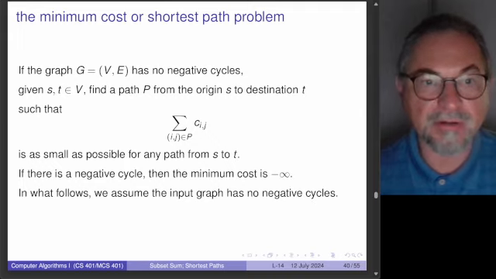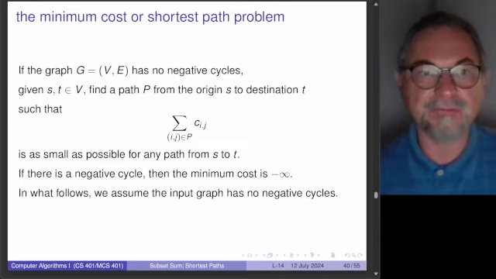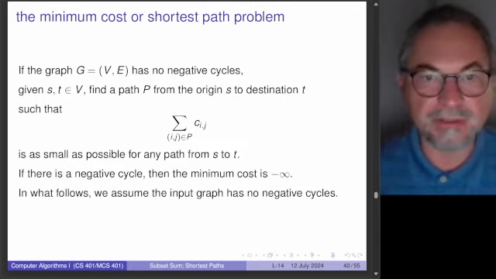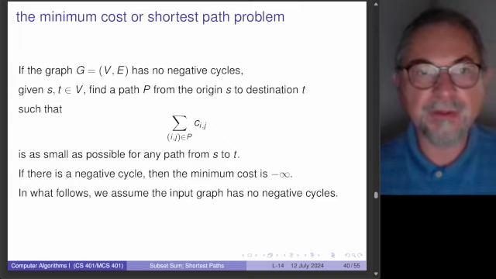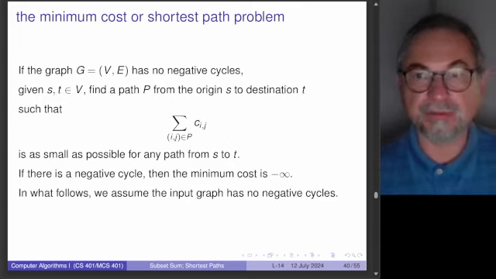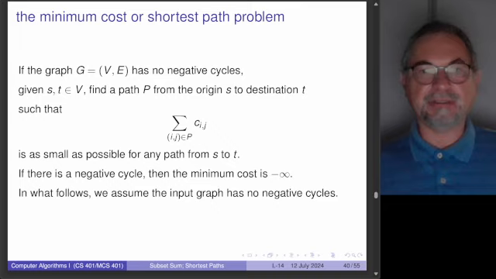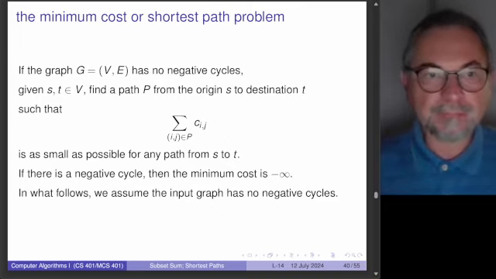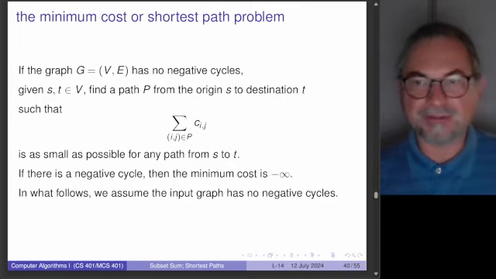Now, in a graph with no negative cycles, we can ask a very well posed question: the shortest path, or the path with the minimum cost, from an origin to a destination. Again, it's as small as possible for any path, so we cannot use a greedy algorithm.